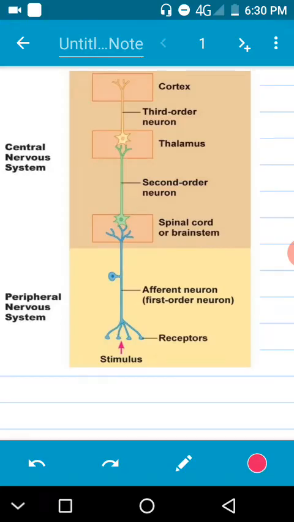So somatic sensory system is nothing but many of the sensations which are produced from the periphery of the body, or I would rather say sensations produced from the skin and from the periphery of the body, such as the joints, spaces, your muscles, tendons, the stretch which they undergo. So they all come under the umbrella of somatic sensory system.